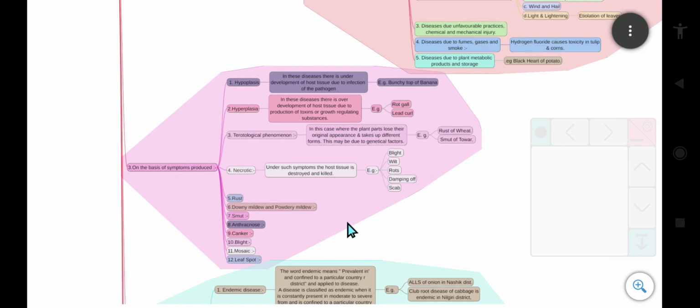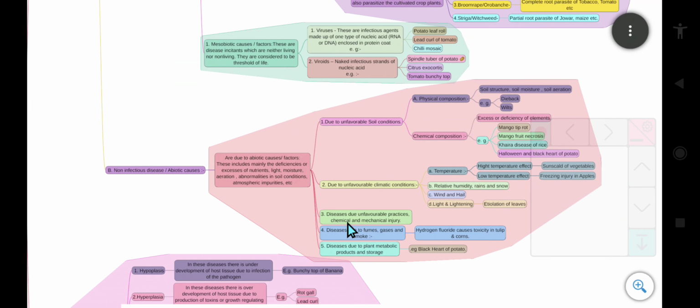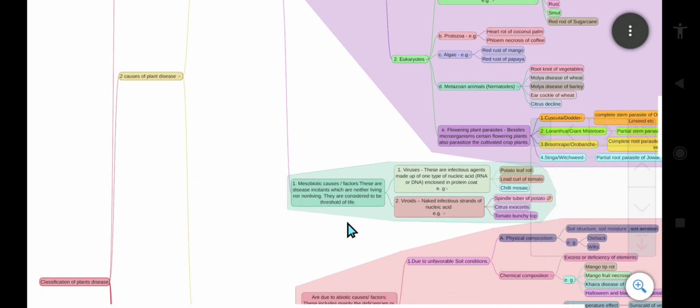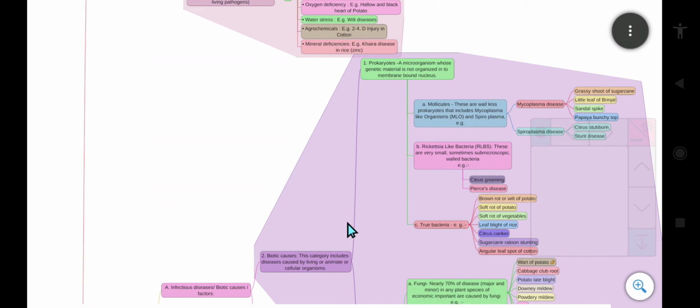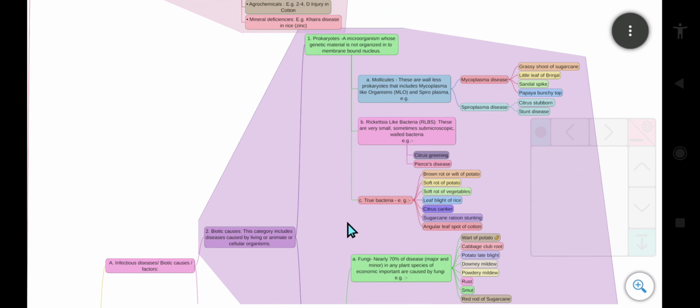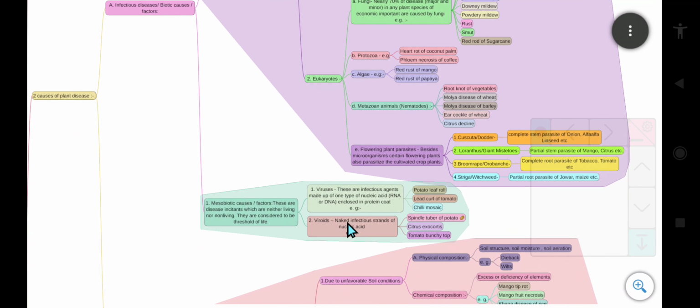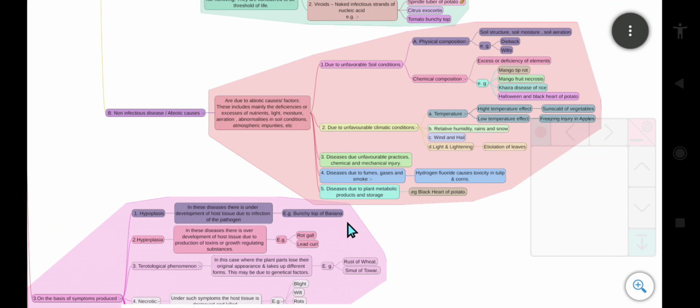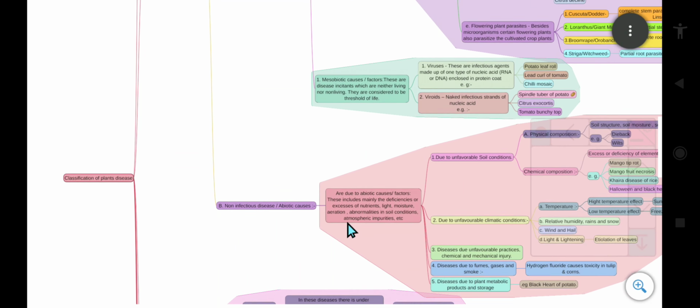See here, the very best classification of plant disease. We will see all the parts. This one, classification of plant diseases.